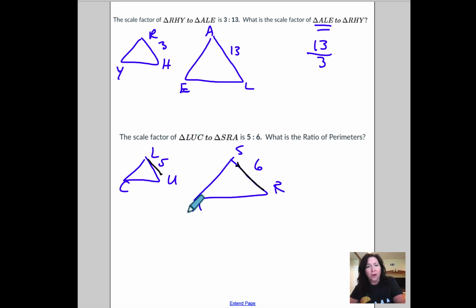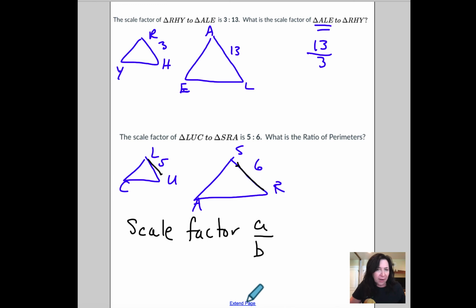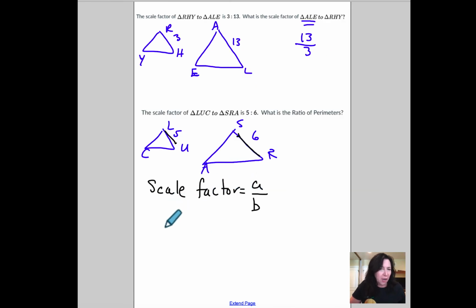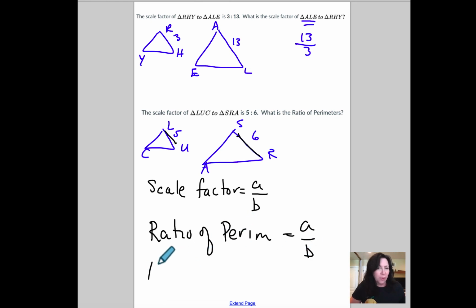But what we do know is this, that the scale factor, whatever that value is, let's say it's A over B, right? The scale factor, which is A over B, is equal to the ratio of perimeters, which is also A over B. And then the ratio of areas is A over B, quantity squared.